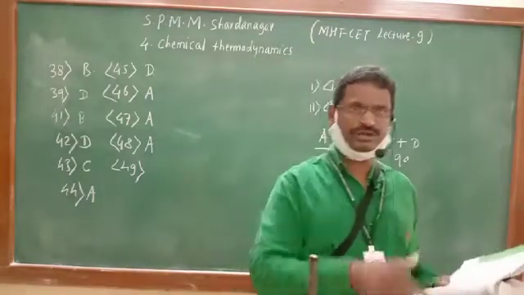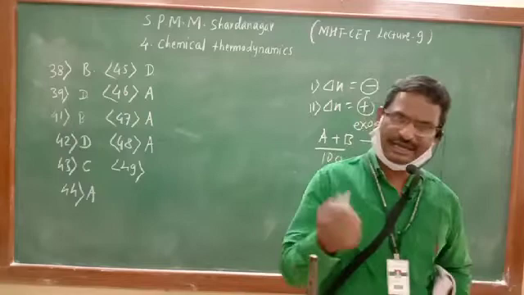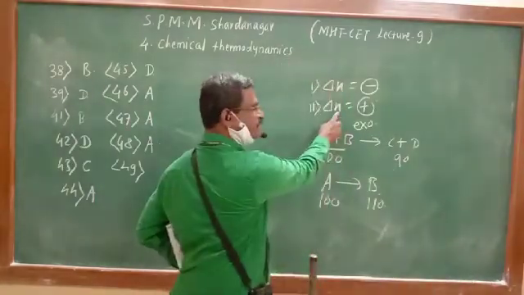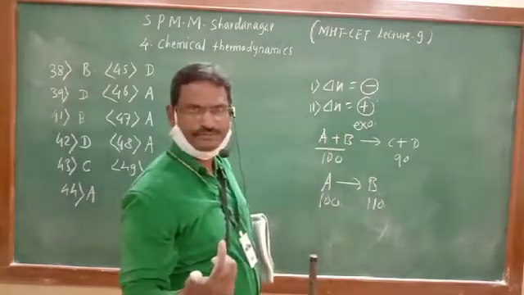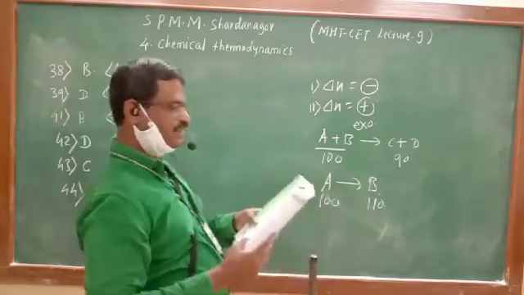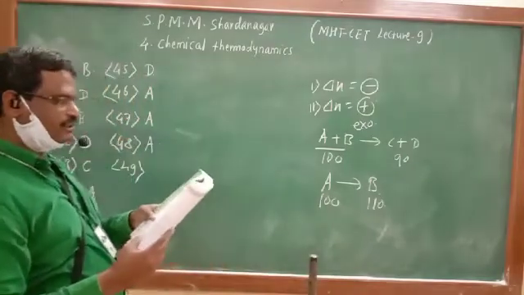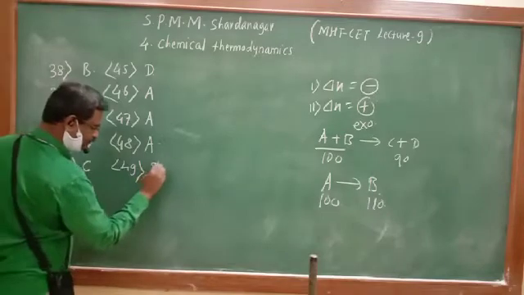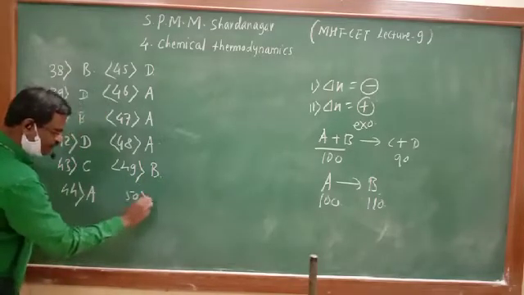The reaction is endothermic. Since the reaction is endothermic, what is the value of delta H? For an endothermic reaction, it is positive. For an exothermic reaction, negative. Therefore, delta H is positive for this reaction. Option B is correct.